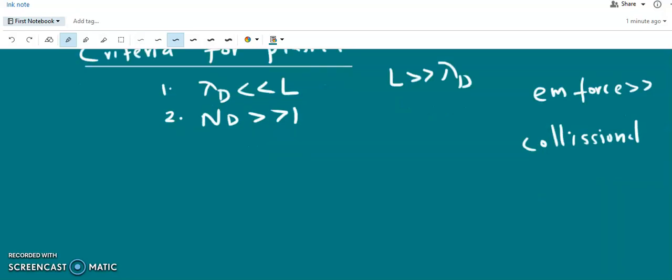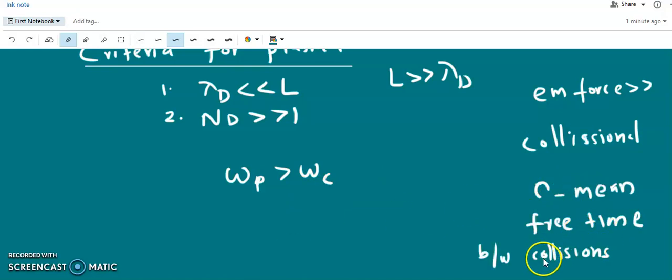So that means the frequency of the plasma oscillation should be greater than the frequency of collisions. Okay. So if omega is the frequency of typical plasma oscillation, and tau is the mean free time between collisions with neutral atoms. Tau is the mean free time between collisions.